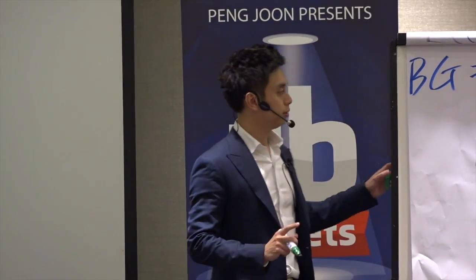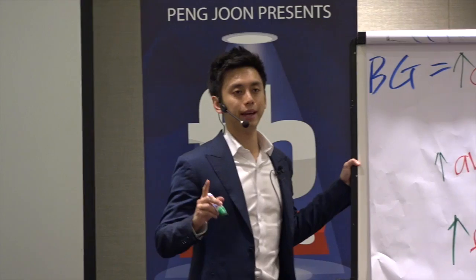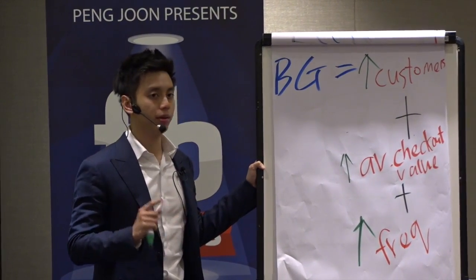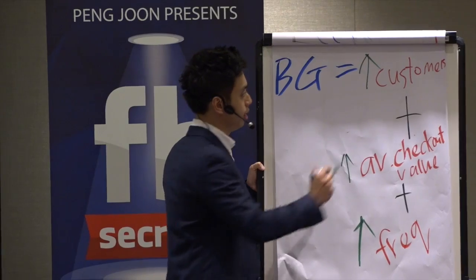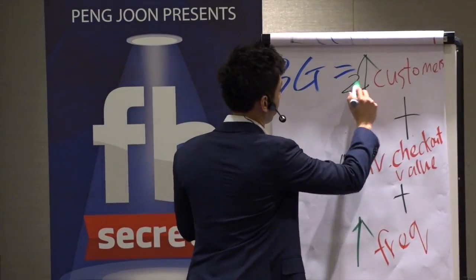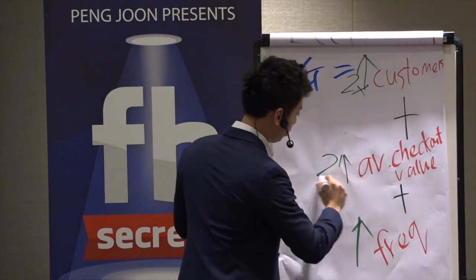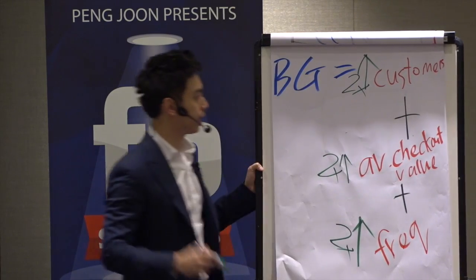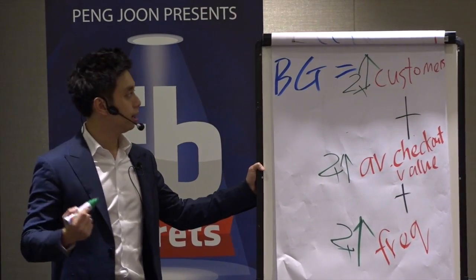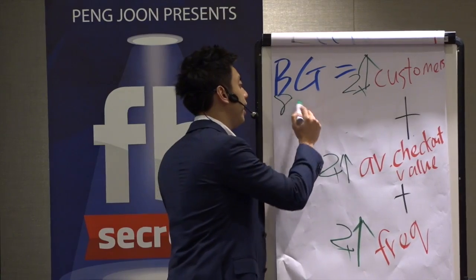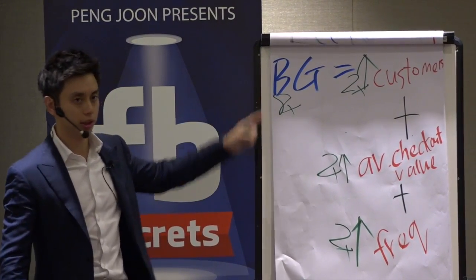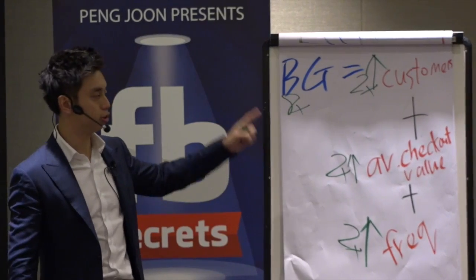So in other words, as the entrepreneur and as the leader in your organization, you're always thinking about these three things, because if you are able to double your customers and double the average checkout value and double the frequency which they come back, you would be able to 8x your business this year just by doubling these three things, right? 2 times 2 times 2.